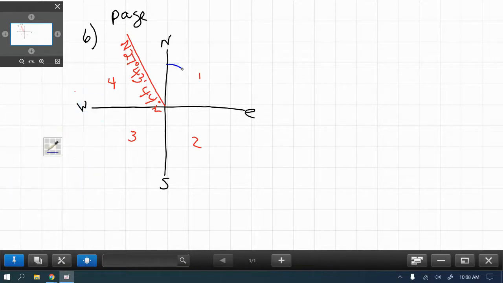So an azimuth is always north to the line, clockwise. If a bearing is in quadrant 1 or 4, the bearing is the angle it makes from the north. If a bearing is in 2 or 3, the bearing is the angle it makes from the south.